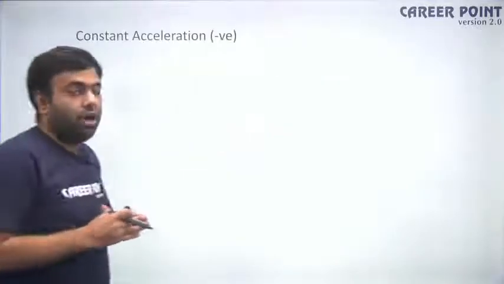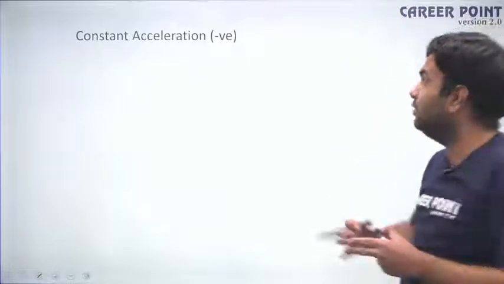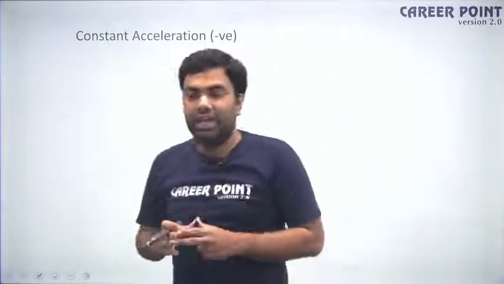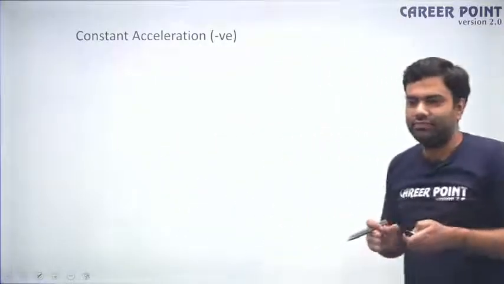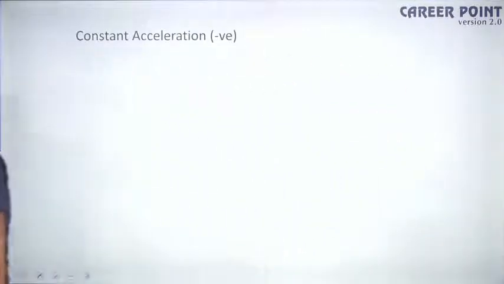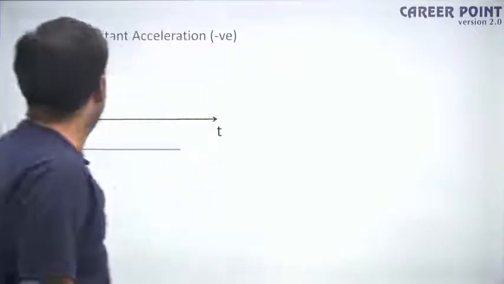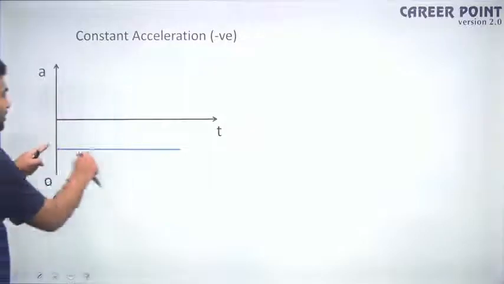Now, for negative acceleration, suppose acceleration is negative, then what will be the graphs? The acceleration time graph will be this.